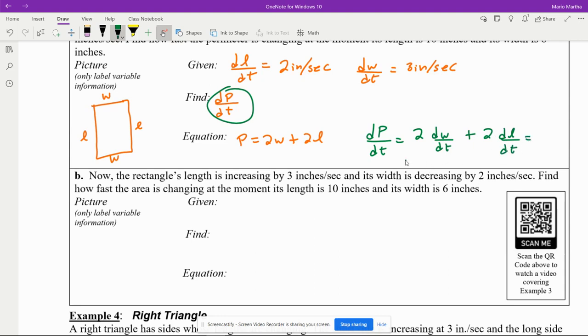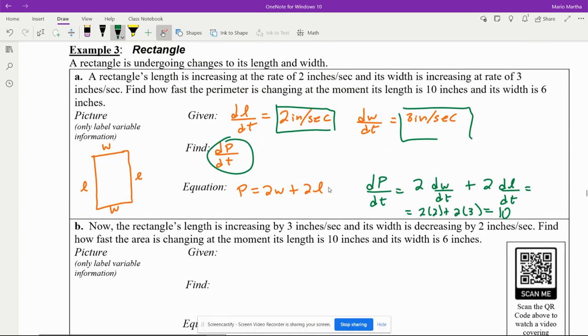When you simplify this, you're plugging in just the values that you were given. In this case, it happens to be 2 times 2 plus 2 times 3. So that's equal to 4 plus 6, which gives us 10.